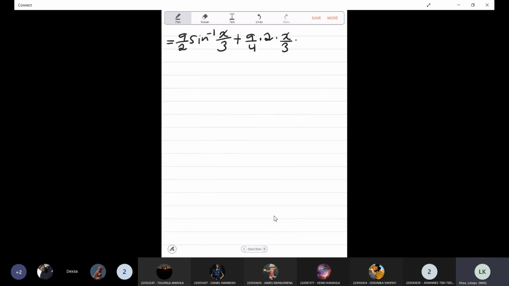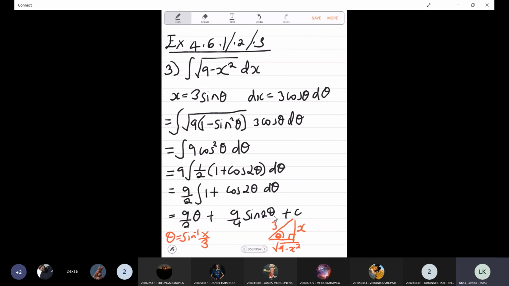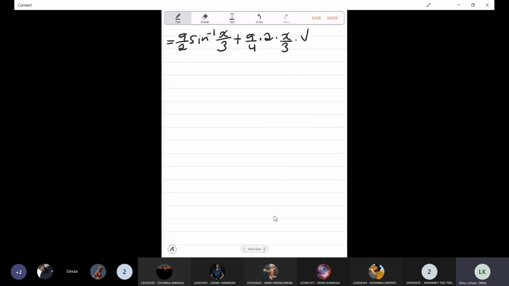And then cos theta, we say is square root of 9 minus x squared divided by 3. So any terms that can cancel, you go ahead and cancel them. And then, yeah, constant of integration. And then you simplify as far as possible.